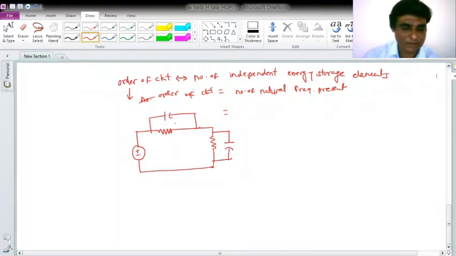Okay, and suppose I label it, this is R1, C1, R2, C2, and this is my Vn of t, for example.